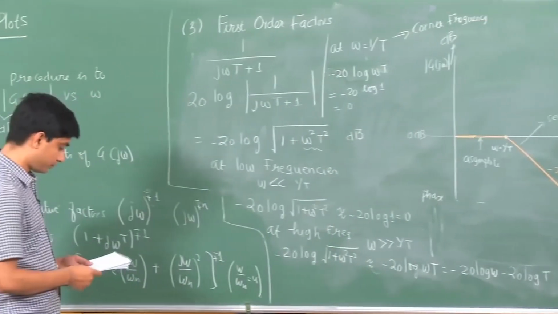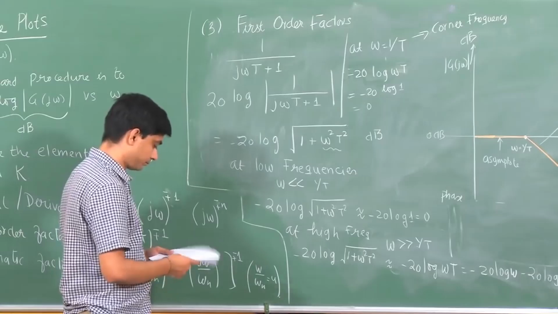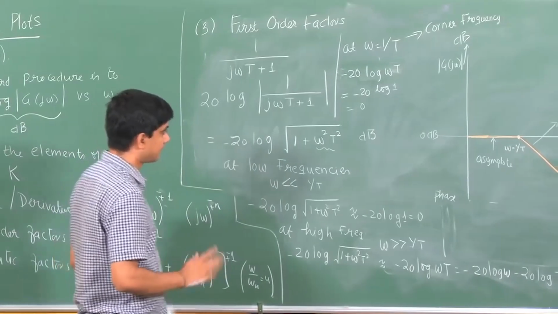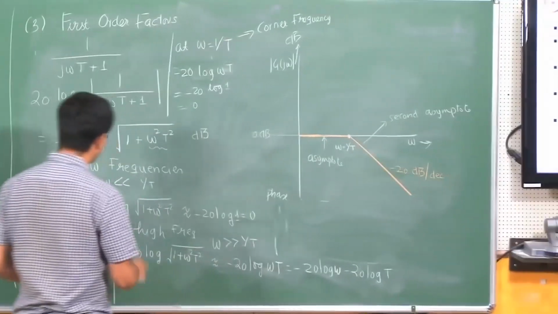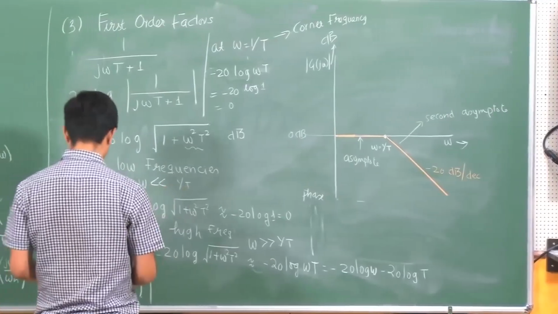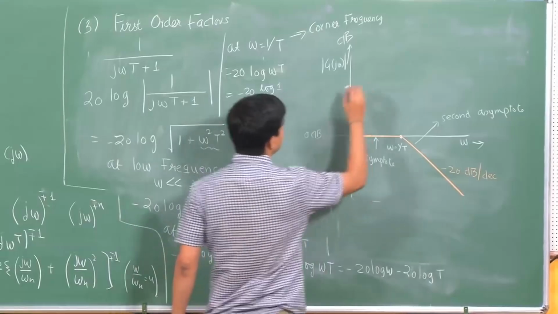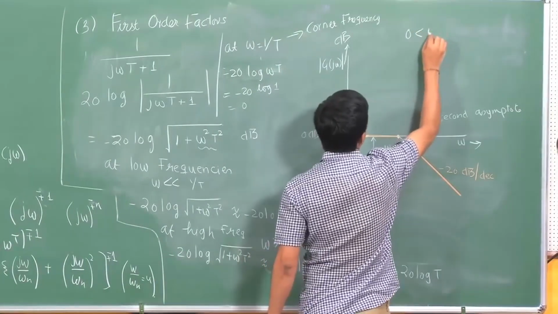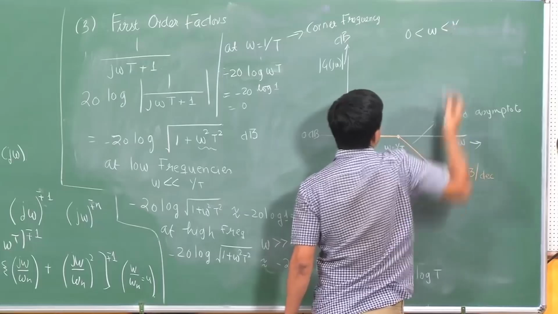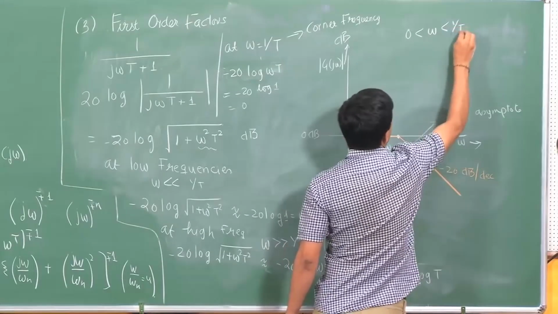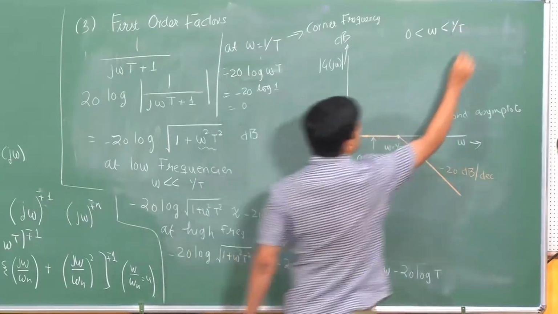Okay. Now, you can see that for frequencies between 0 to omega equal to 1 over T, my plot is approximated by the 0 dB line.